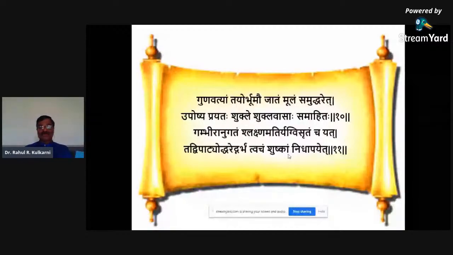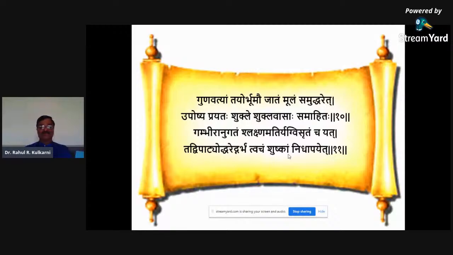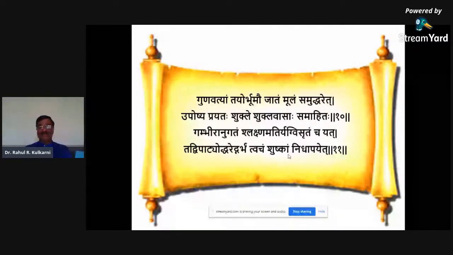Which type of root has to be collected is: Gambhiranugatam, which has penetrated deep into the earth, Shlakshnam, Anati Tiryag Visrutam Chayat, means the roots have penetrated straight and deep. Roots that are irregularly twisted should not be collected. If you find such Tiryag Visruta roots, they should be avoided.